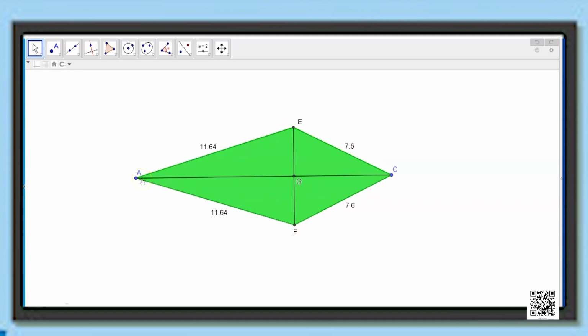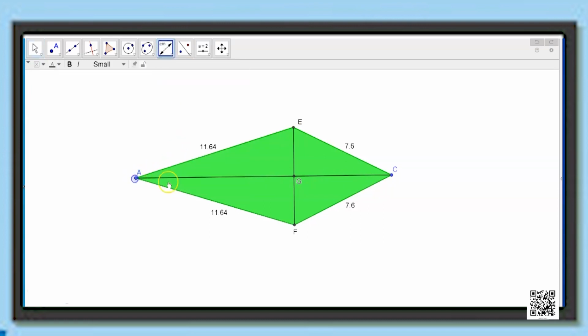Now, we shall go and try to explore the various properties of the kite, for which I have drawn the 2 diagonals, that is AC and EF. AC is the line segment connecting the 2 non-consecutive vertices A and C. EF connects the vertices E and F and they intersect at this point G. Now, let us try to measure the segments AG and GC and find out what are their measurements.